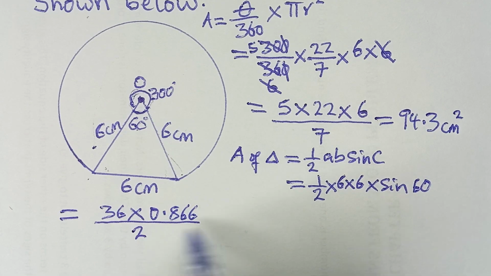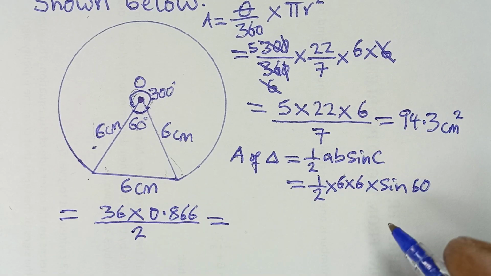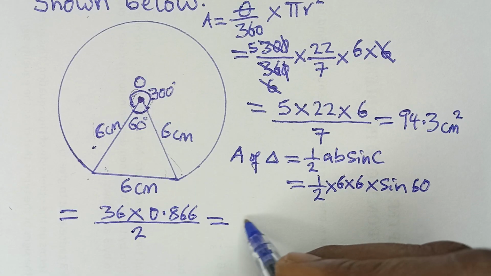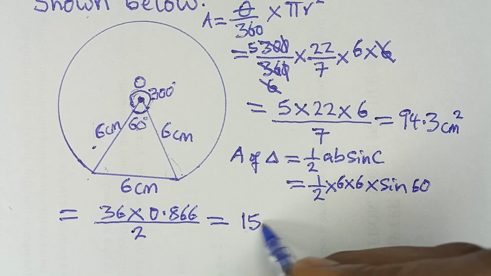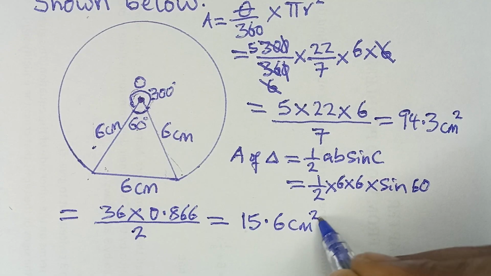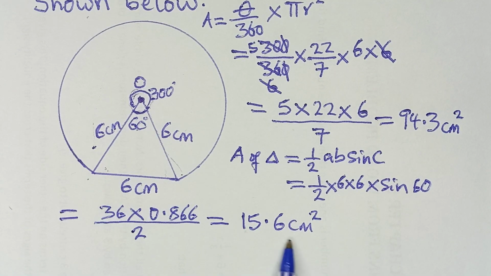When I multiply this with my calculator, it's going to give me 15.6 centimeters squared. So the area of the triangle is 15.6.